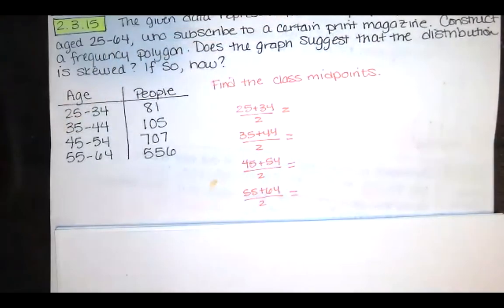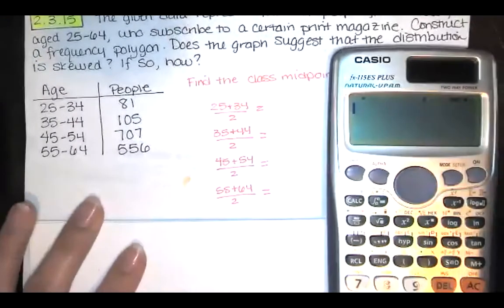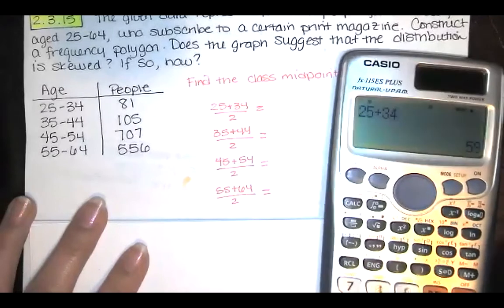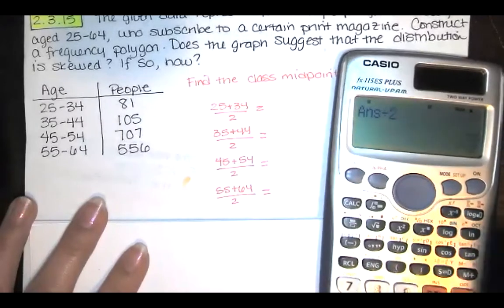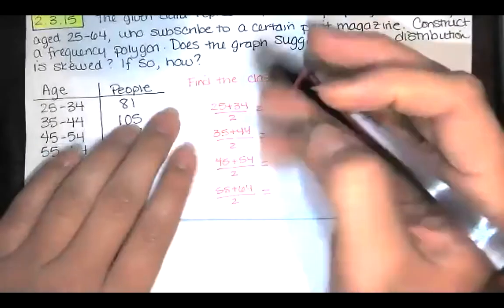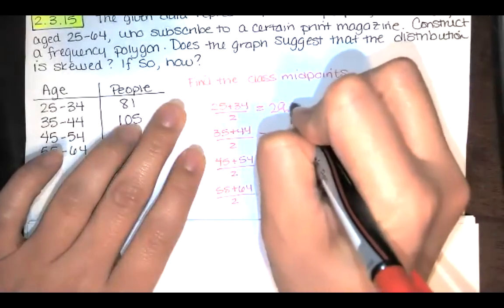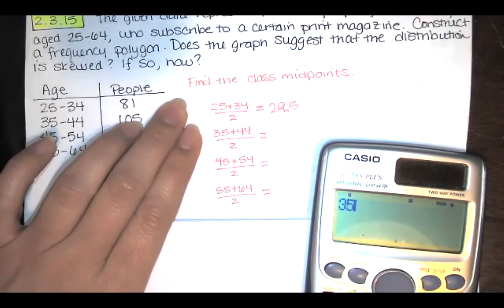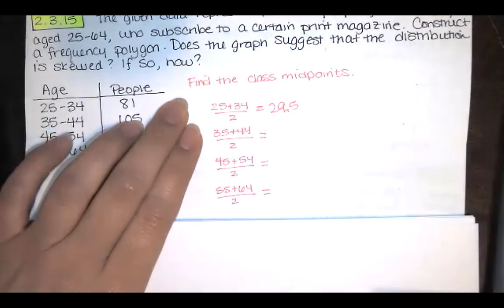Okay, and we'll do the arithmetic now. We've got 25 plus 34 divided by 2, and we want the decimal, so we get 29.5. Let's do the same thing for the next class. 35 plus 44 divided by 2, we get 39.5.